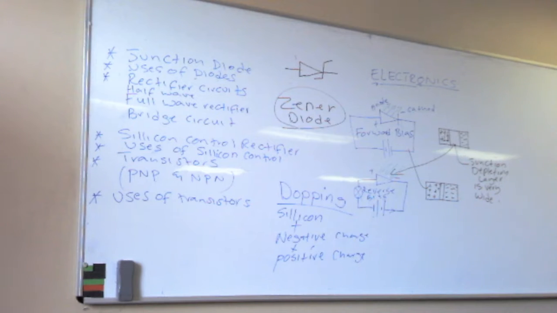A diode is also used to convert AC to DC current. Three things. When you want to change your AC to direct current, you must pass it through a diode. Current must pass through a diode, then it's converted to DC.